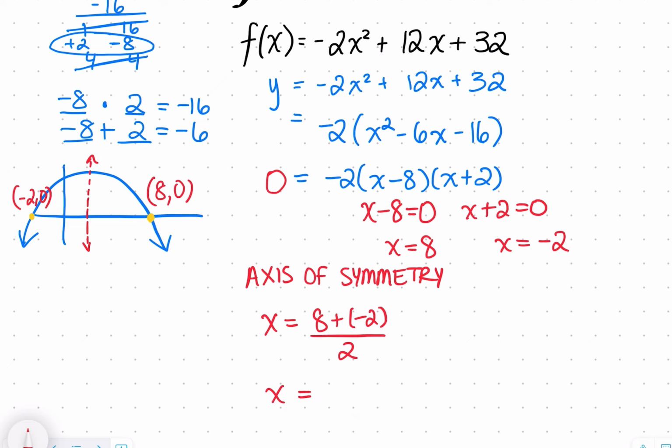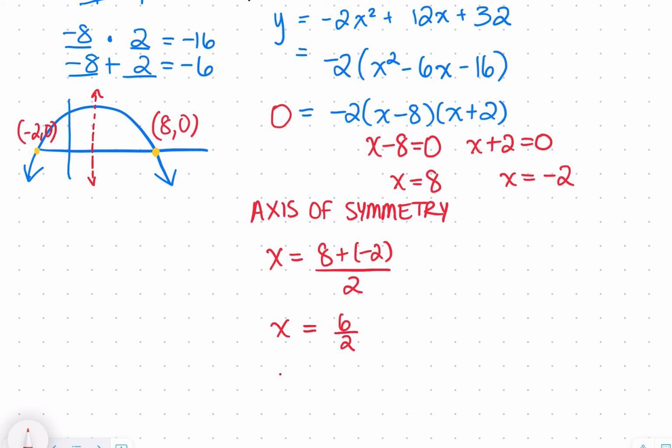So the axis of symmetry is 8 minus 2, which is 6, divided by 2. And we have x equals 3.